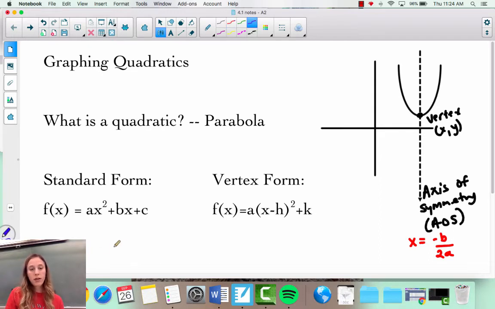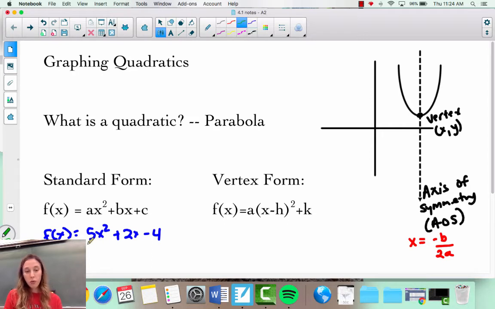For example, in standard form, it might look something like this: 5x squared plus 2x minus 4. And so my A value would be 5, my B value would be 2, and my C value would be negative 4. Okay? And the other part of that standard form is the last number here. That is always going to be your y-intercept.